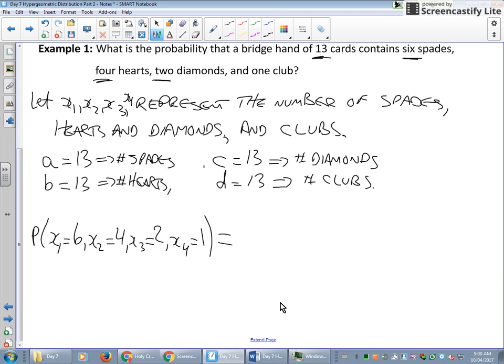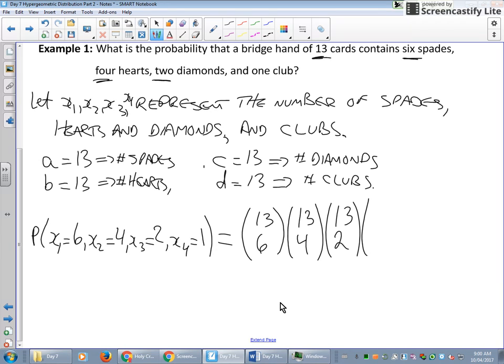We can use our formula: the number of ways I can draw 6 spades times the number of ways I can draw 4 hearts times the number of ways I can draw 2 diamonds times the number of ways I can draw 1 club.